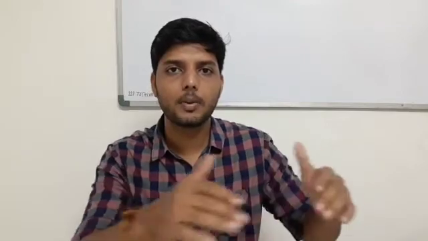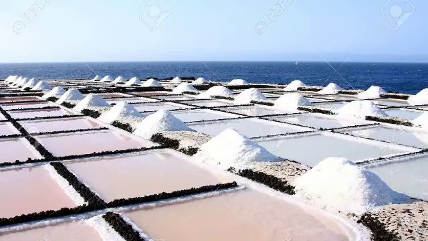How? See, the people make one square type structure on the land. When the water comes, it is stored in that square, and after some time the water stops coming. At that time, because of the sun rays, the water stored in that square area evaporates. The water particles are converted into gaseous particles. After some time you will see that the water level in that square area is going down, and after some time it will be completely dried up.